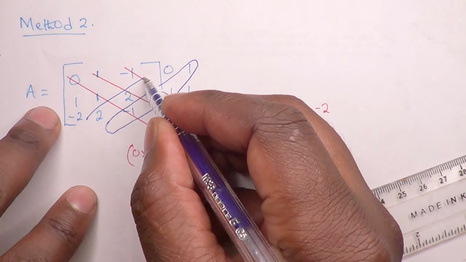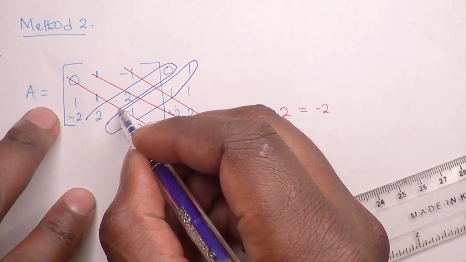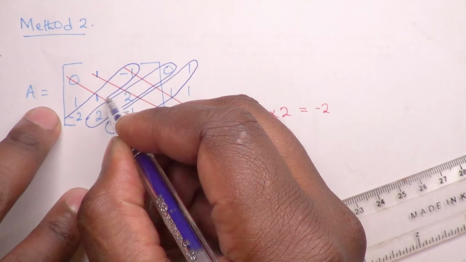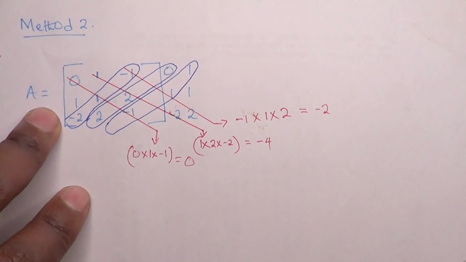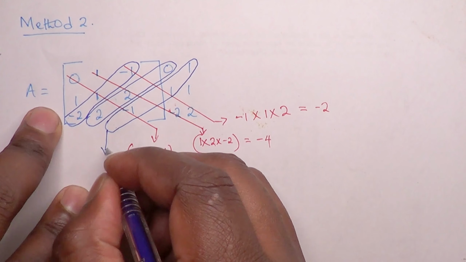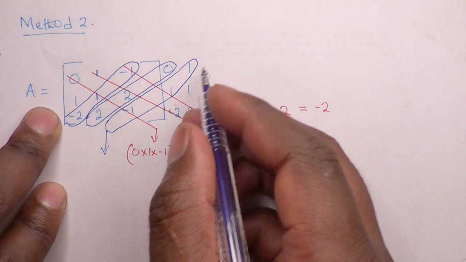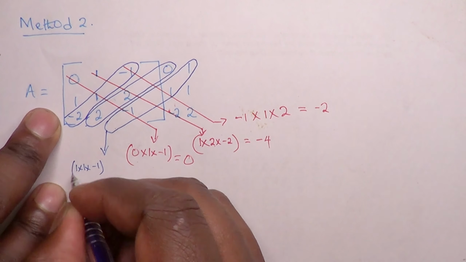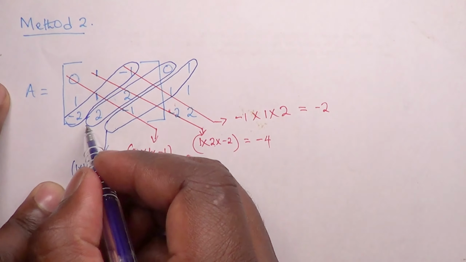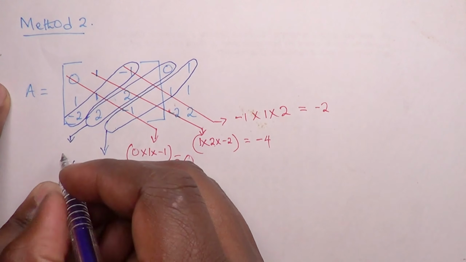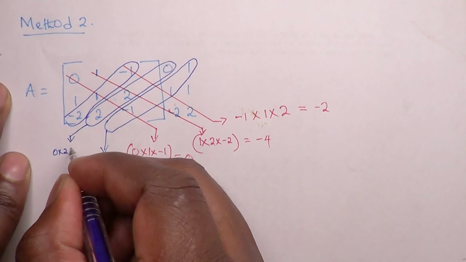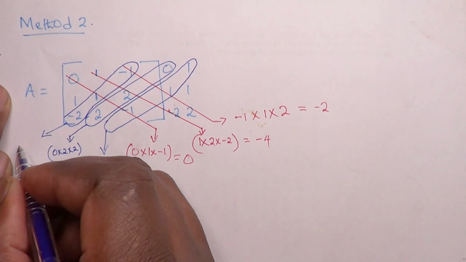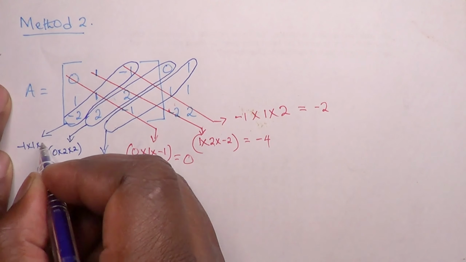Multiply that one, multiply this one, then multiply this one here. So the ones moving from the right-hand side, that is 1 times negative 1. Then this one is going to be 0 times 2 times 2. Then this one here is going to be negative 1 times 1 times negative 2.